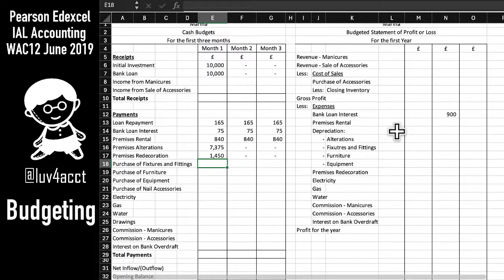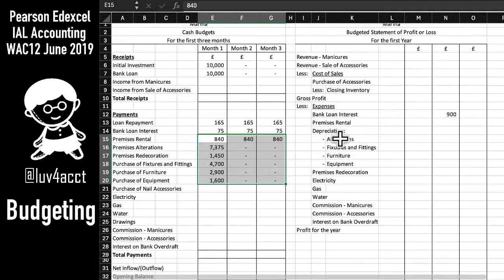Purchase of fixtures and fitting 24700, 2900, equipment 1600. Nothing in month 2 and 3. Okay, so next it will be transferred to the budgeted statement of profit and loss.